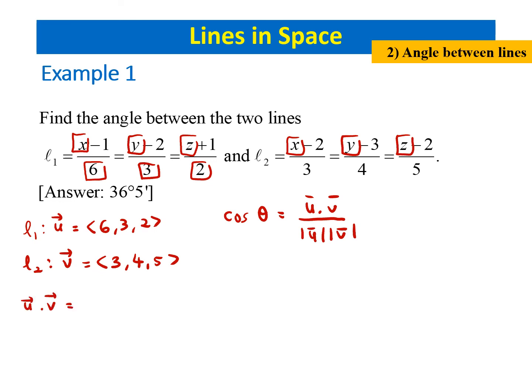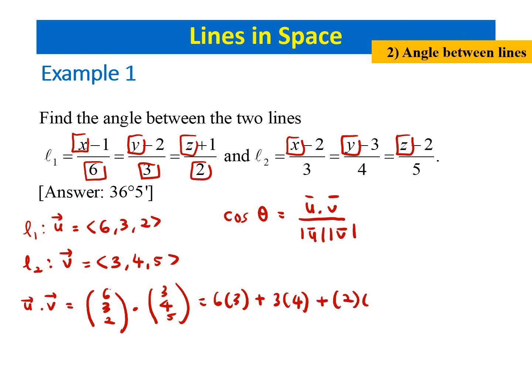So here it equals (6, 3, 2) dot (3, 4, 5). So we multiply 6 times 3, plus 3 times 4, plus 2 times 5. So the answer will be equal to 40.